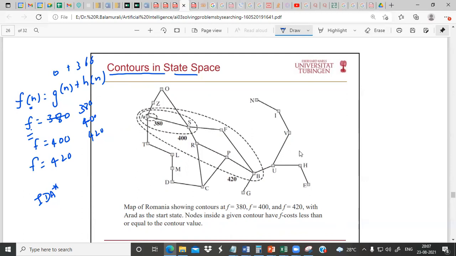Now the algorithm says the next value of f should be, which node can you reach with minimum cost, or rather, which node you can reach with minimum f value.